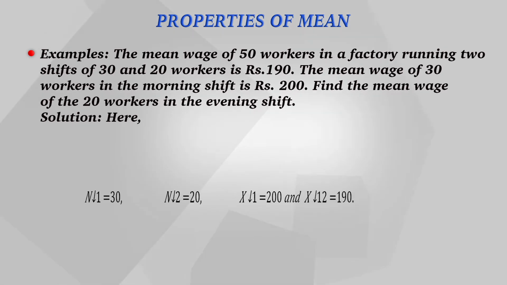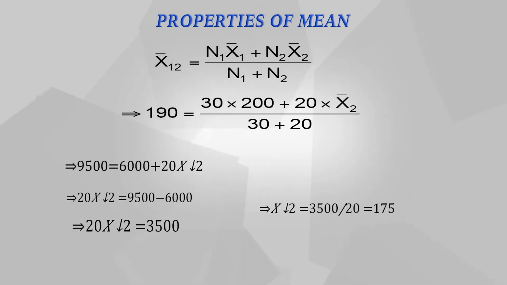So, we put the values in the formula of combined mean. The combined mean is given as 190, the number of workers in the morning shift is 30, the average wage of morning workers is 200, the number of workers in the evening shift is 20, and the average wage of the evening shift is not given, so we put x2 bar, divided by the number of workers in both shifts, that is 30 plus 20 in the denominator.